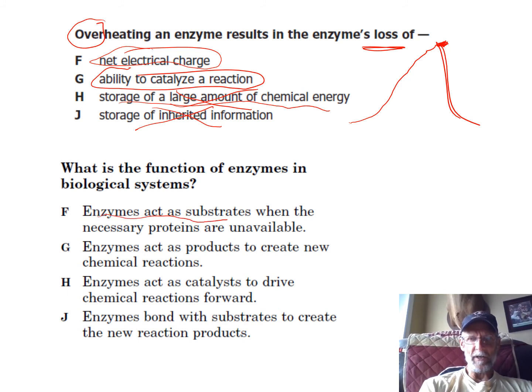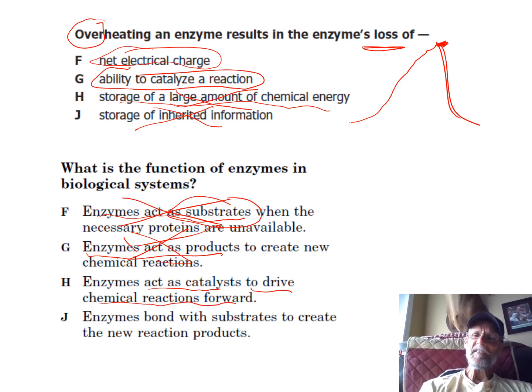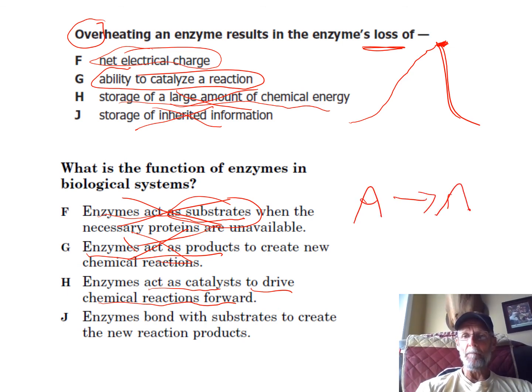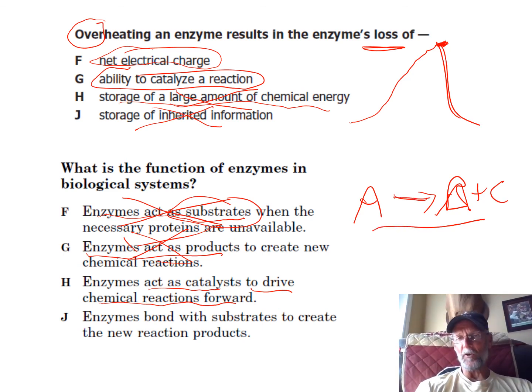What's the function of enzymes in biological systems? Enzymes act as substrates. You can pretty much stop reading there because these vocab words have specific meanings, and enzymes are not substrates. There's a reason for those two different words. They also don't act as products. They act as catalysts is what they act as. Here we go. Act as catalysts to drive chemical reactions forward. That's not a bad description, and chemists actually describe a reaction like this, A being split into B plus C, as being driven forward, like the direction of that arrow. But a multiple choice question, again, is asking for the best answer.